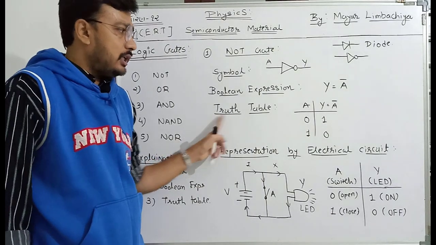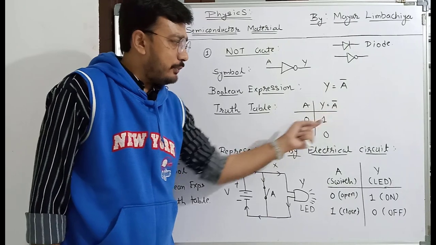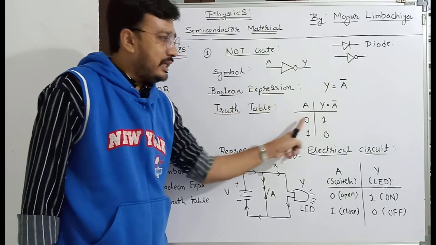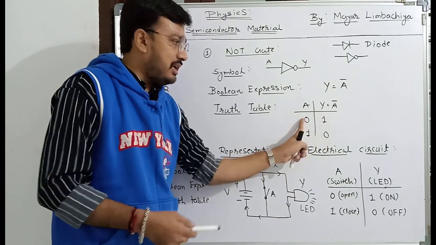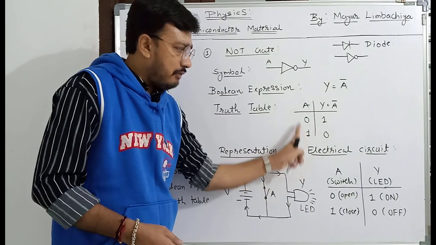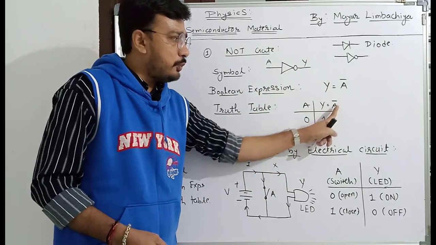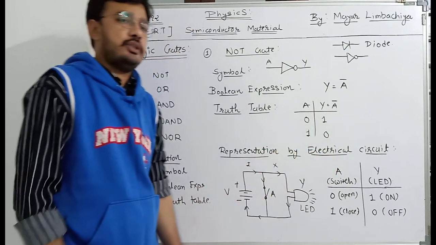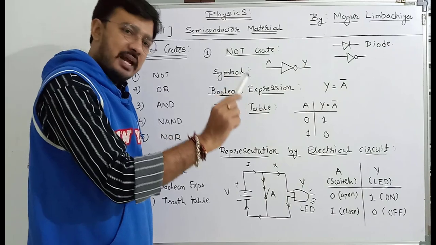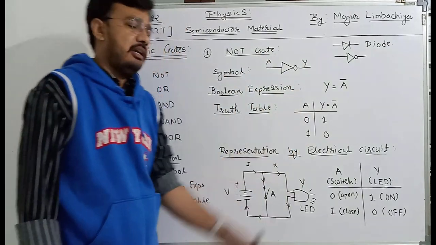Truth table: here is the input A, here is the output Y, which is the inverted input. When I apply 0, you get the inverted form of 0, which is 1, and when you apply 1, you get 0, because the output is nothing but the inverted input.